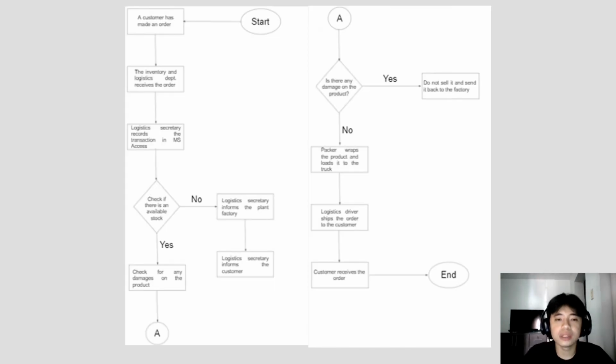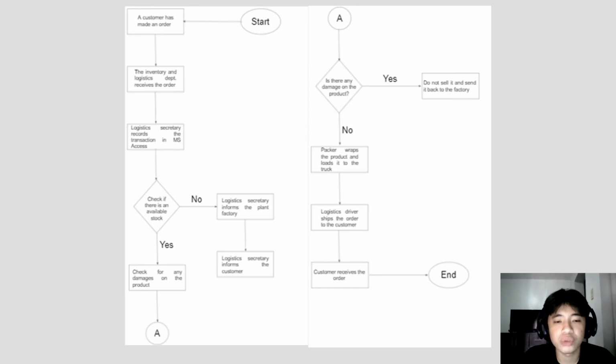Okay, so this is an example of a systems flowchart. A systems flowchart is used to illustrate the flow of process in a system and the actions to be made to control events. In this figure, the process starts when a customer has made their order. The inventory and logistics department will receive the order, and the logistics secretary will record that transaction.